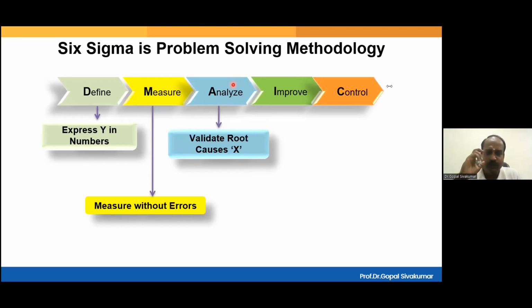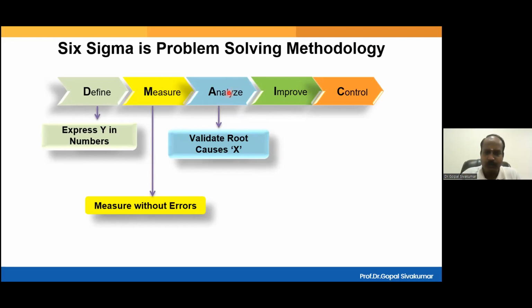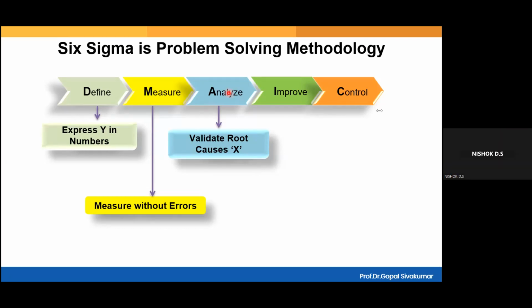If you don't know what the root cause is, you don't know how many root causes, you don't know the relationship of the root causes, you are not sure whether the number of root causes you are attacking is sufficient or not, with all these challenges in place, can you talk about solution? Tell me. That means you are going in a very erratic manner, a trial and error way of generating a solution. And that's not the case with Six Sigma methodology.